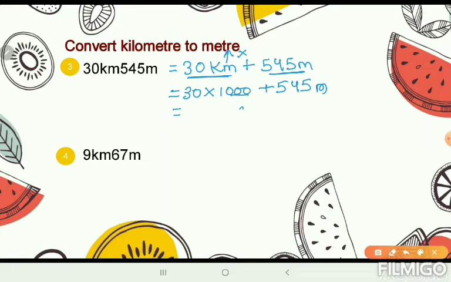These three zeros we write first and then multiply the remaining two number. 30 into 1 is 30 plus this much, it became meter, plus 545 meter.